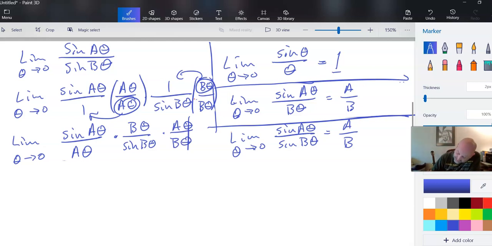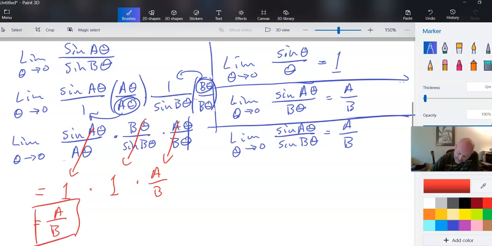And so again, just like before, this guy goes to 1, this guy goes to 1, and this guy goes to a over b. And so that means that our limit is a over b, and that's this result.